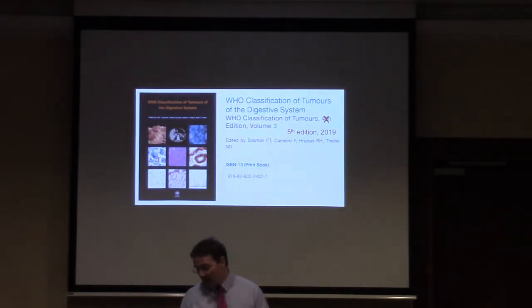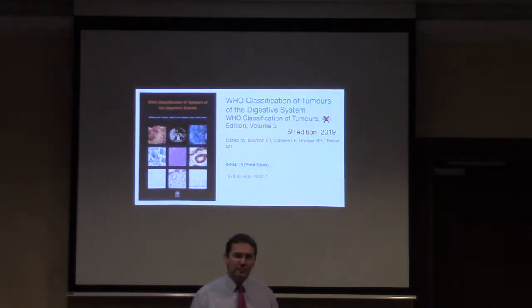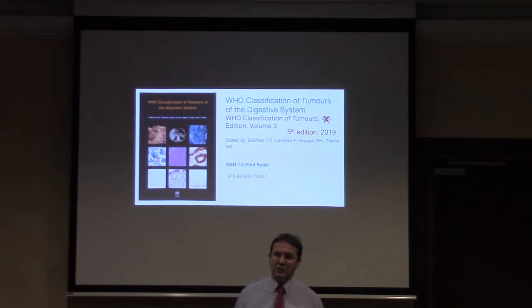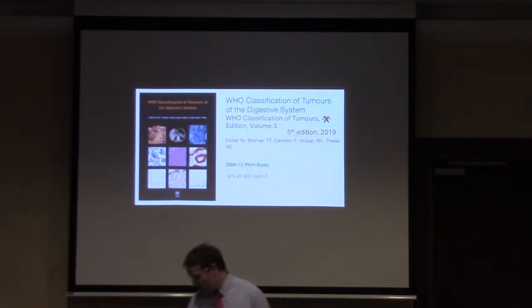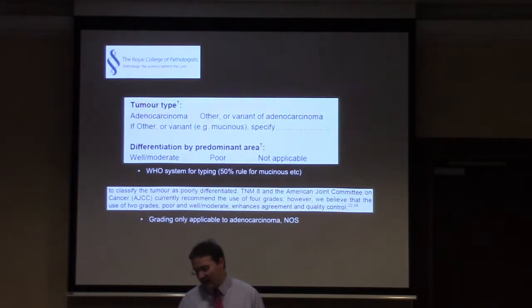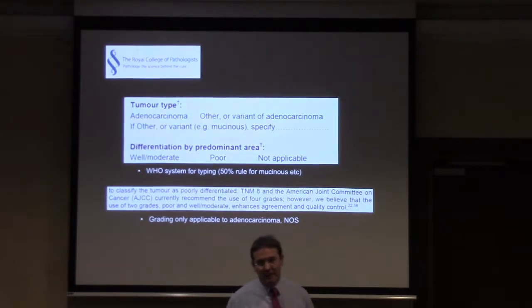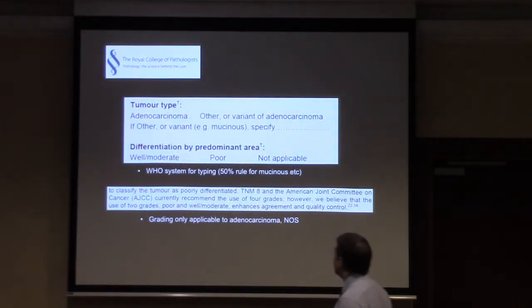There are important things in there. A lot of it is more to do with changes in things like serrated polyps and classification and that are really a bit beyond scope for today. But there are some changes in the colorectal cancer section itself that are worth knowing about.